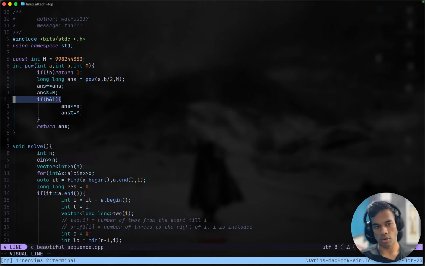And if b was odd, then answer multiplied by a, remainder m. Modulus here should be fine because modulus can expand for powers.